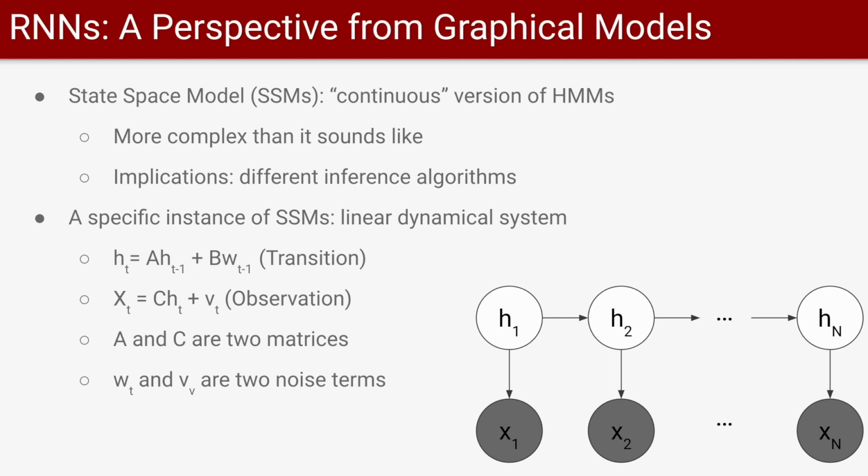Typically people solve such systems by making Gaussian assumptions. For example, people would assume the hidden variable to be a Gaussian distribution, and at the same time, people also assume the noise terms to be Gaussian.